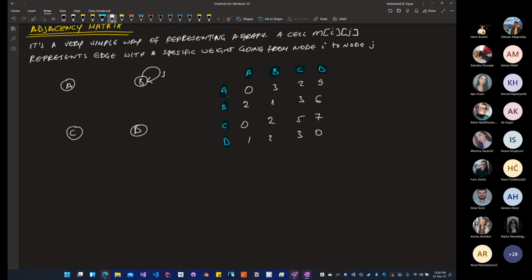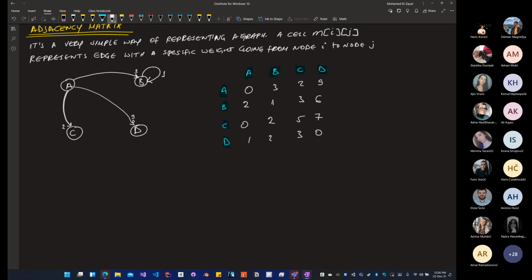A is not connected to A, but A is connected with B, so you have 3, connected with C, so you have 2. So this is 3, and this is 2, and A connected to D has an edge of 9, and so on and so forth.